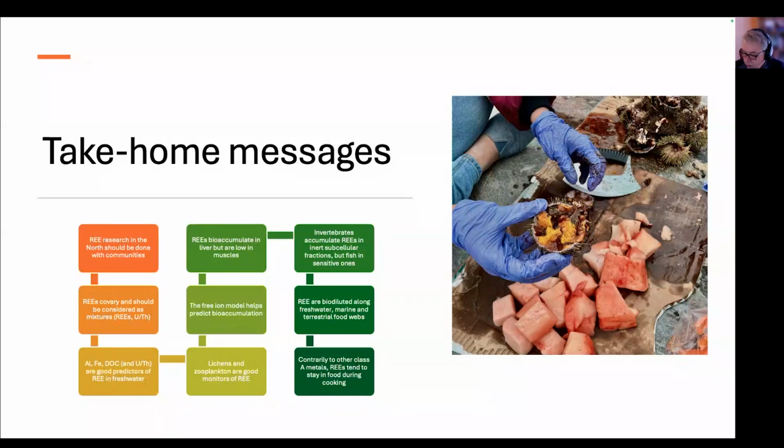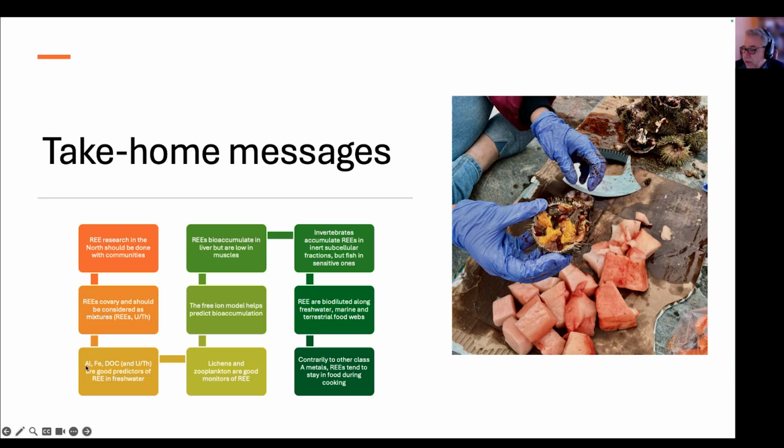So the main take-home messages from this presentation are summarized here. First of all, REE research in the North should be done with communities. That's my belief. REEs co-vary and should be considered as mixtures, and we should also include uranium and thorium as co-transported elements.